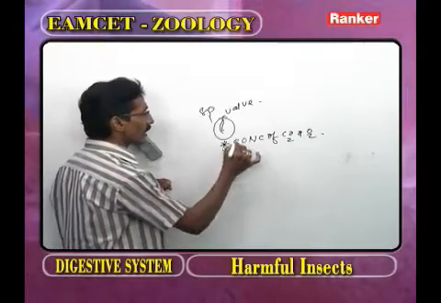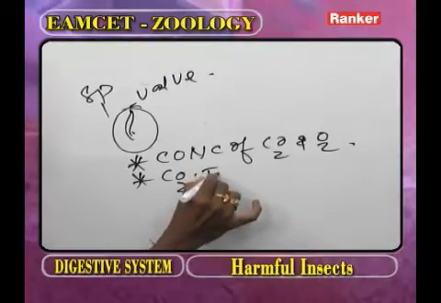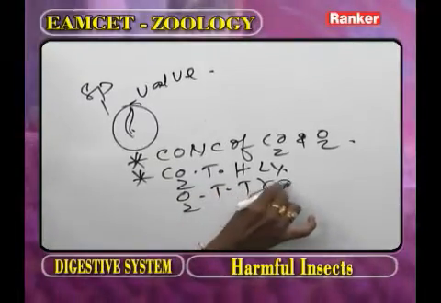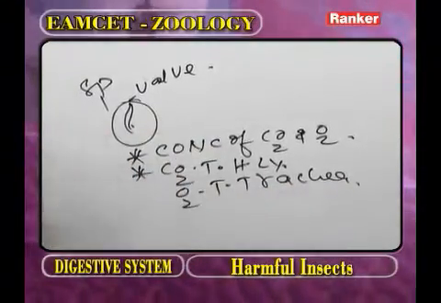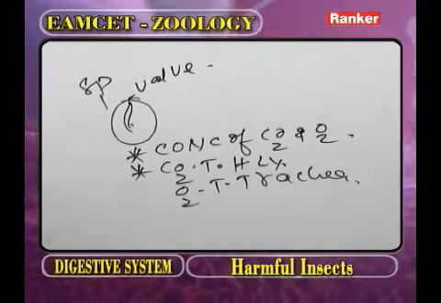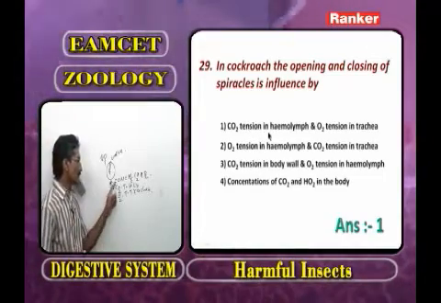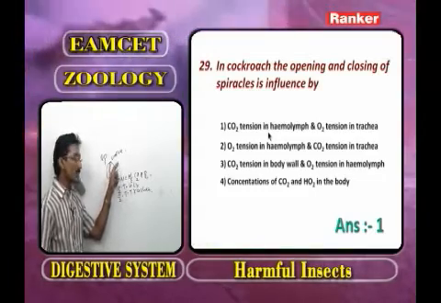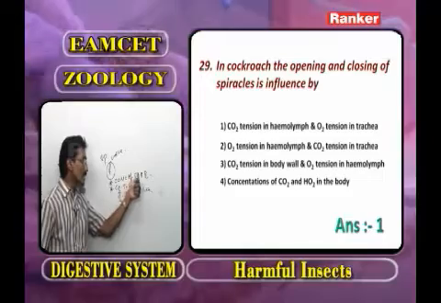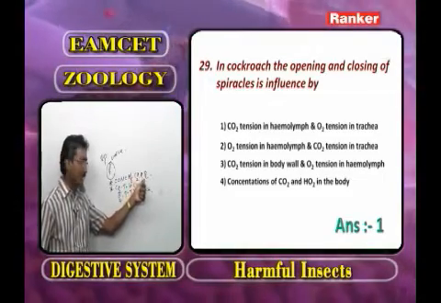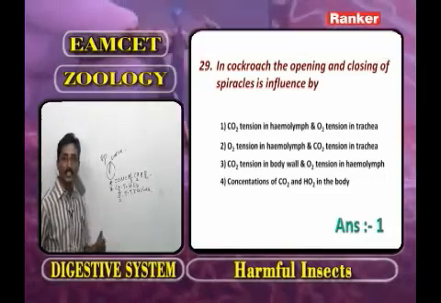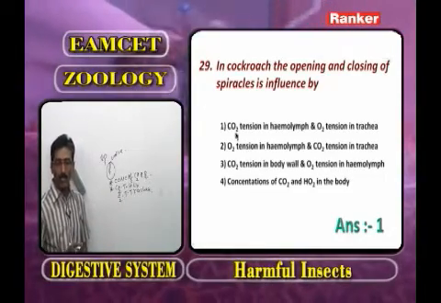And the second one is carbon dioxide tension in the hemolymph and oxygen tension in the trachea. So both the answers are correct. In the given options, one option is correct, but in reality the closing and opening of spiracles is based on the concentration of carbon dioxide and oxygen, as well as carbon dioxide tension in the hemolymph and oxygen tension in the trachea. Now, go for the next question.